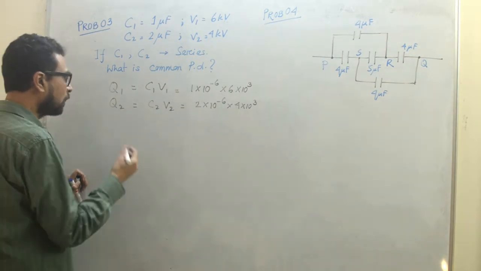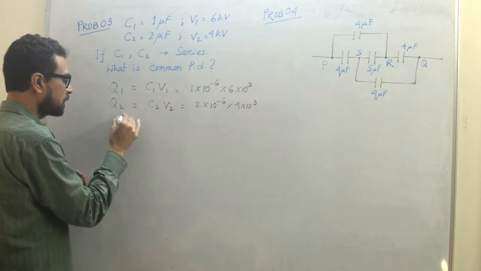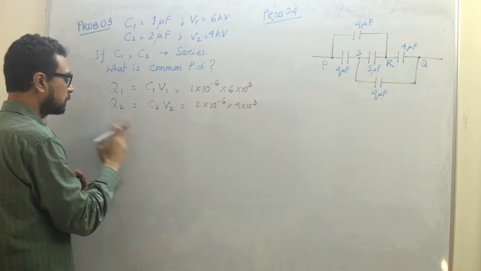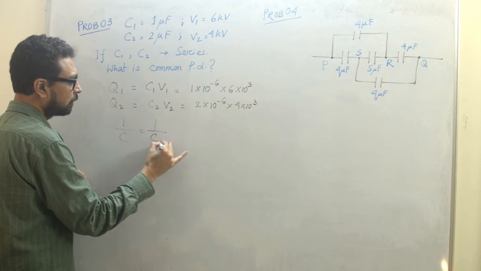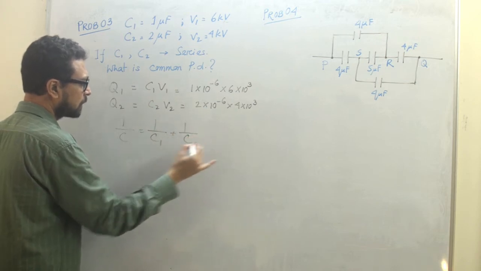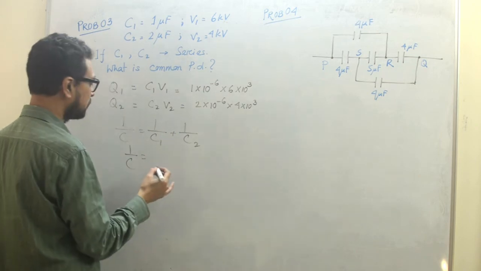Now they are connected in series, so we know the series combination, and for that reason we can find the effective capacitance when they are connected in series, which is very simple.